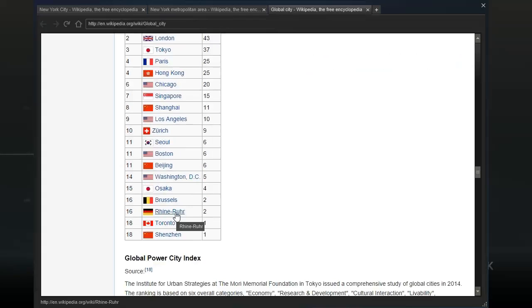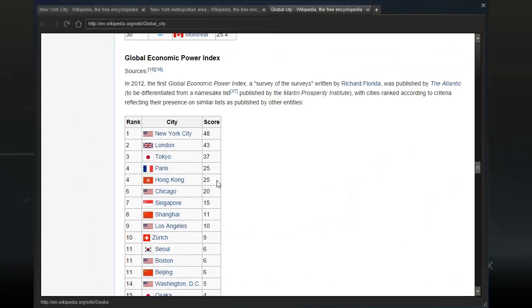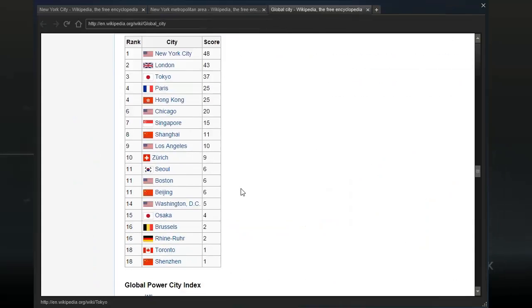Rhine-Ruhr. It's not really a city as much as it is a region, the metropolitan region. It's massive. The Rhine-Ruhr metropolitan region. I guess this is also not just Tokyo, but the Tokyo.